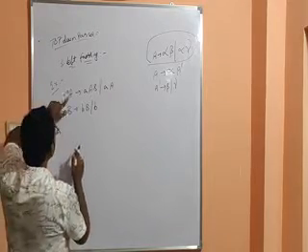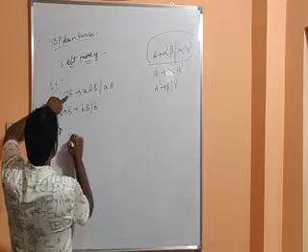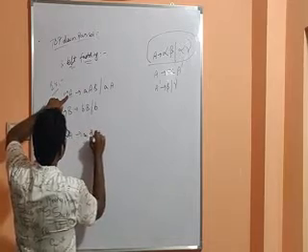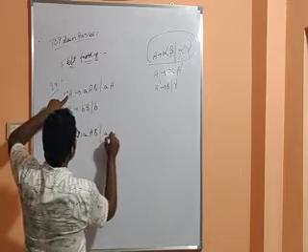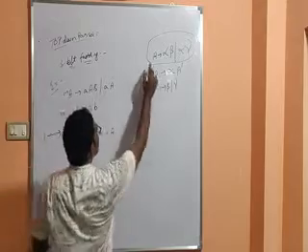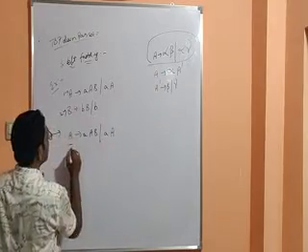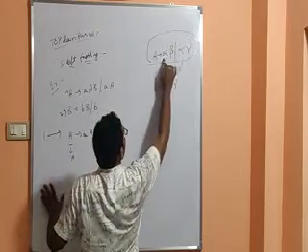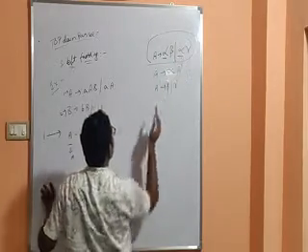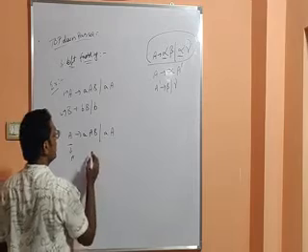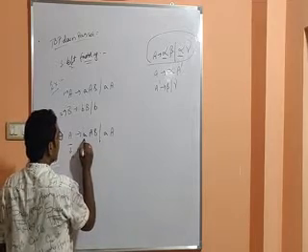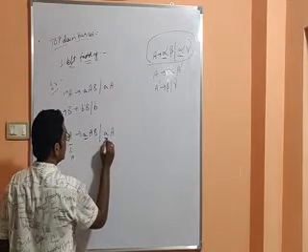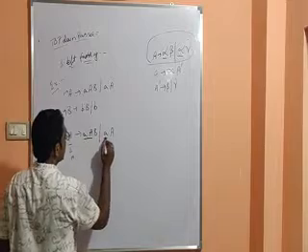So A tends to small a, capital B or small a, capital A. So this is what A tends to. Here, in the place of alpha, if you observe, alpha is common. So here small a is common, and capital A is common.